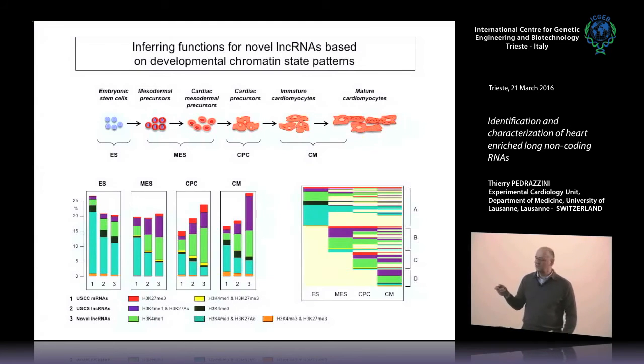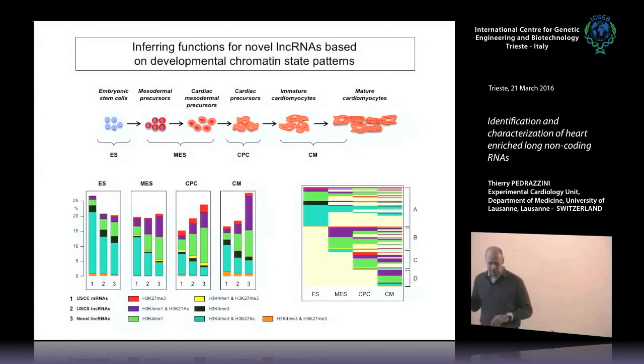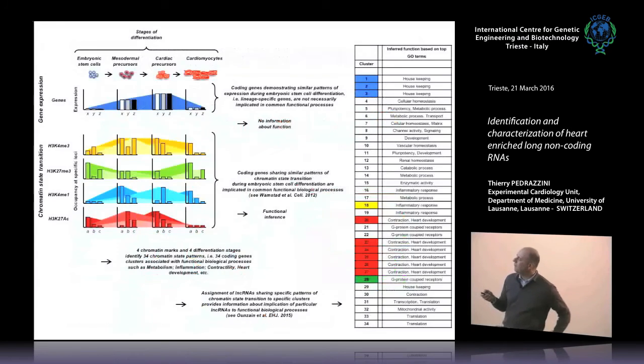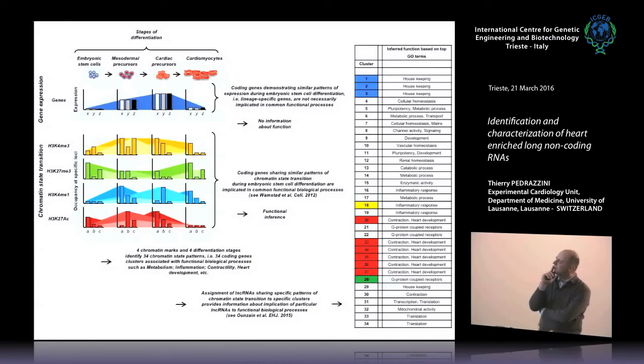So these are obviously very important for controlling cell identity, and this could be targeted for different purposes. This is a more difficult situation, but I think it's an important piece of information.